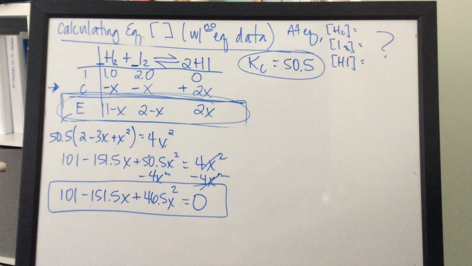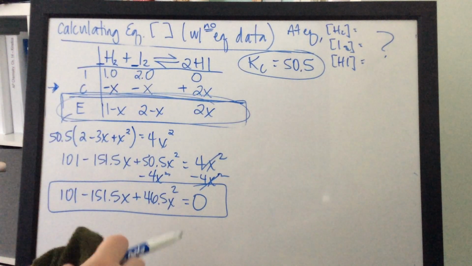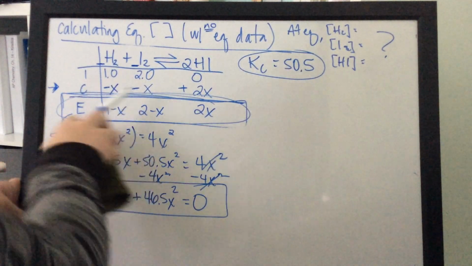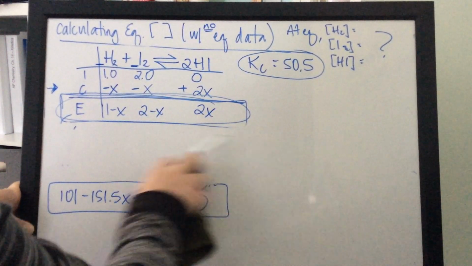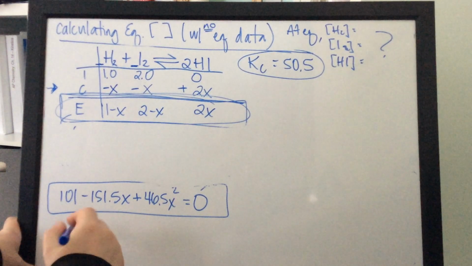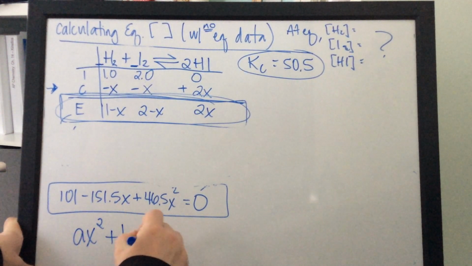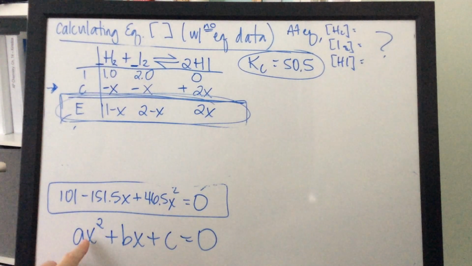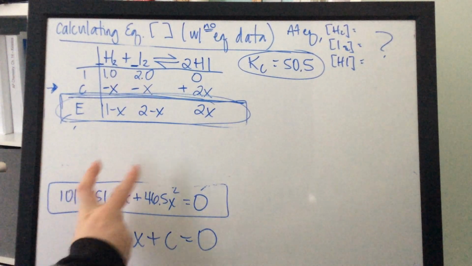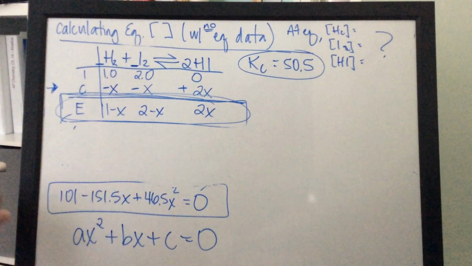So here's where I'm going to attempt to use the quadratic, okay? And let me do a couple things. Let me get rid of this. I'm going to flip this equation around because I think some of you know that the quadratic equation is ax squared plus bx plus c equal to 0. So I want my x squared term out in front. So I'm just going to move these things.